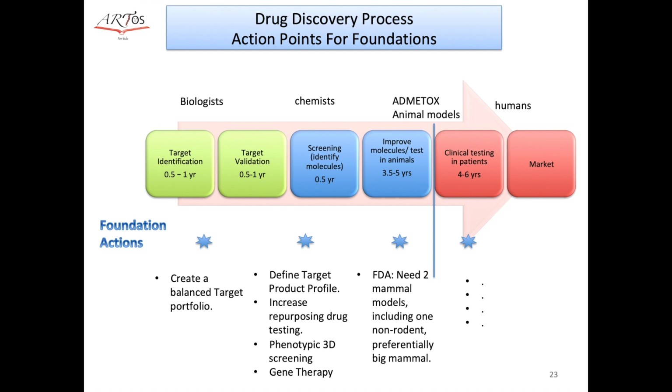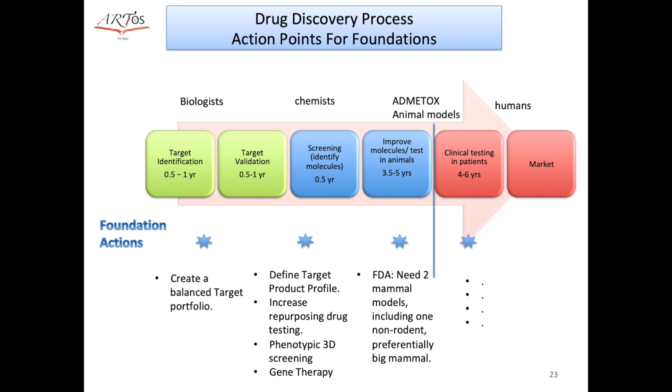If your disease has a complex phenotypic profile, favor phenotypic screening. And is gene therapy right for your disease, and where to invest? Be ready with the animal models, taking into account that most of the time, but not always, the FDA needs 2 mammal models, including 1 non-rodent, preferentially big mammals.